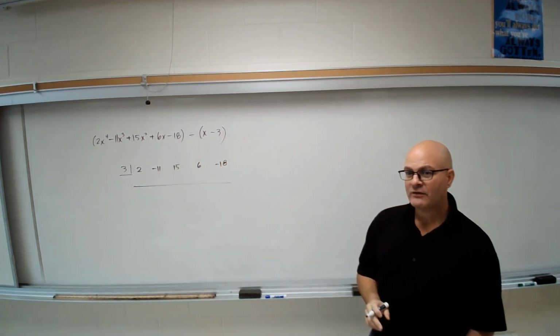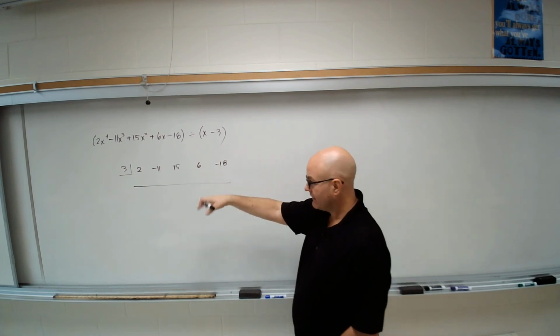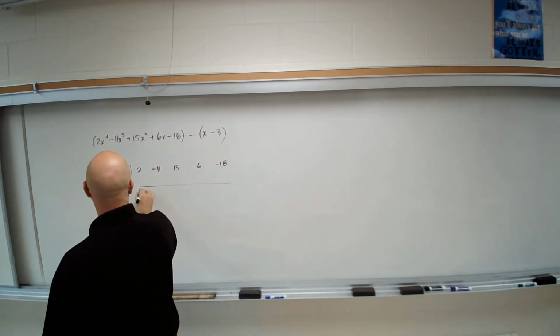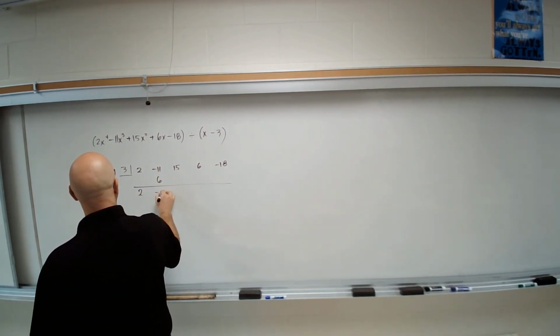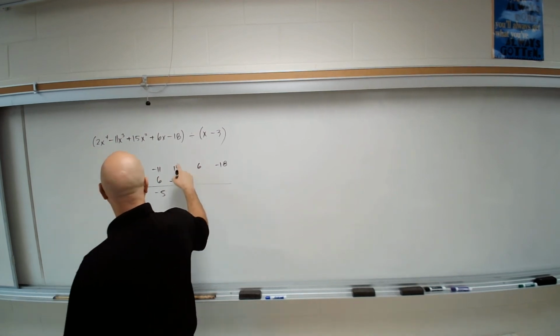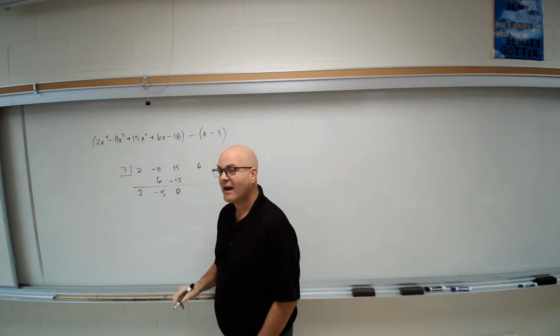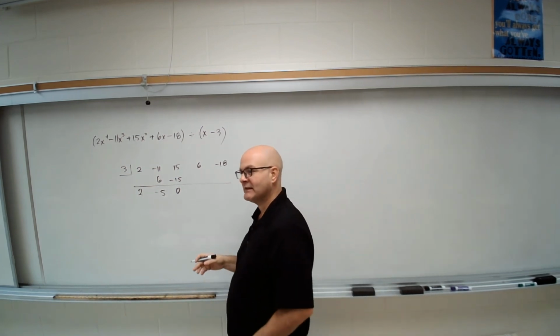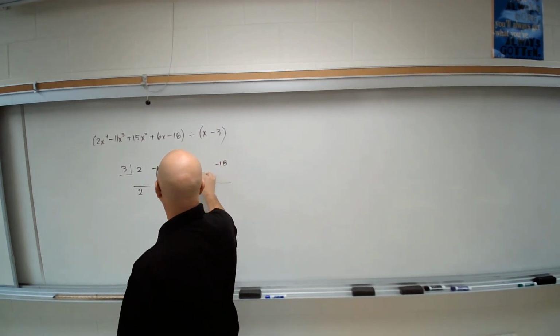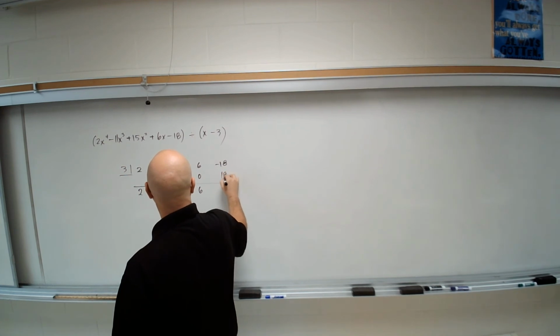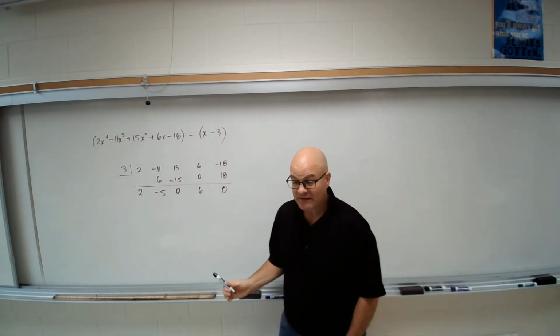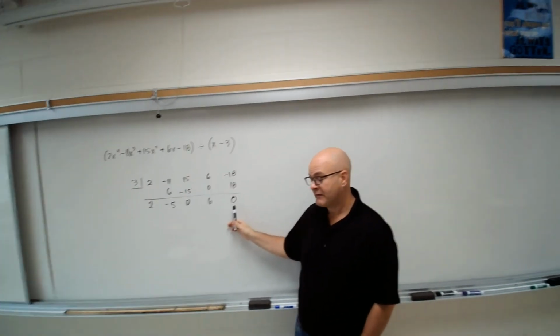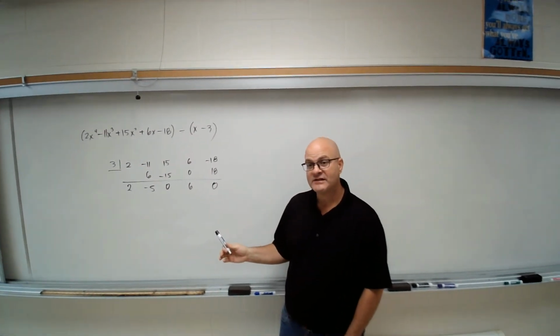Make sure I've got all the signs correct, and we'll go ahead and 2 will drop down, and then 6, negative 5, negative 15. That looks like it might be a problem, but it's not. It just means our quotient's going to have a missing term, if you want to think of it that way. 0, 6, 18, 0. Now that's something pretty significant: here we have a remainder of 0.